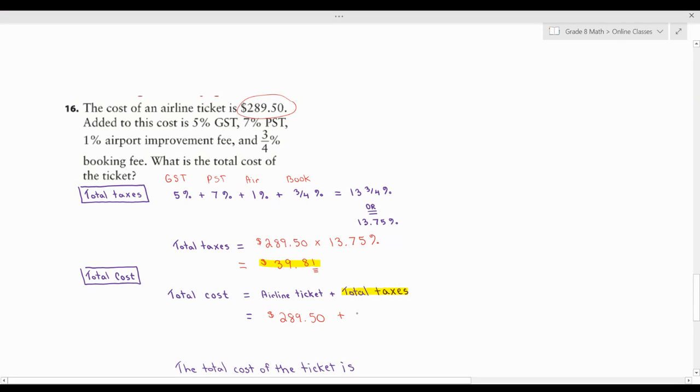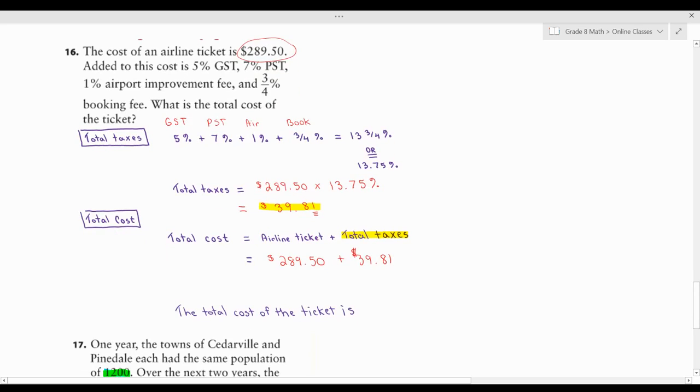So we'll add that together. $289.50 plus $39.81 should give us a total of $329.31. Okay, and then you'll notice I already kind of started my sentence at the end here. So we would say the total cost of the ticket is $329.31. So that would be our final answer.